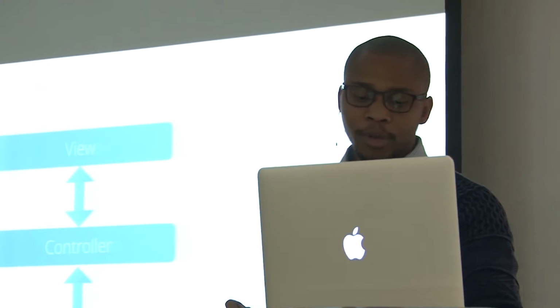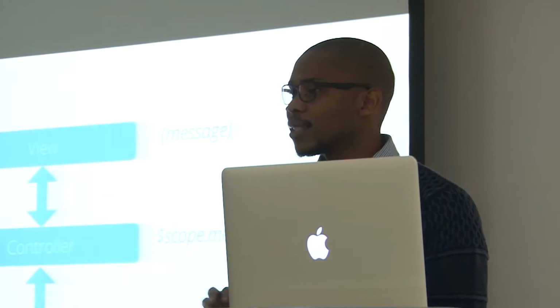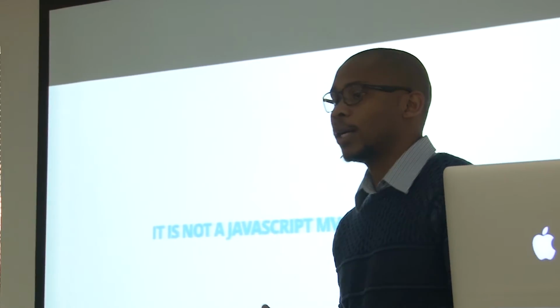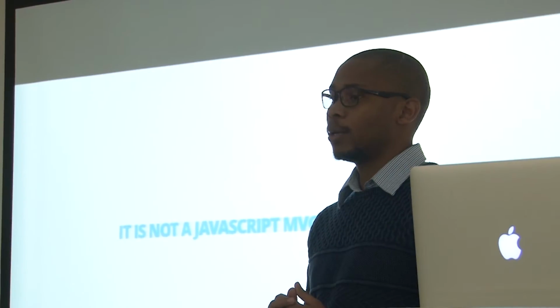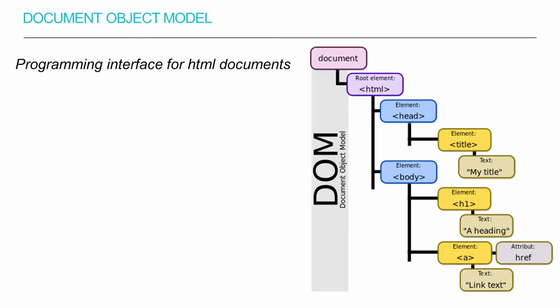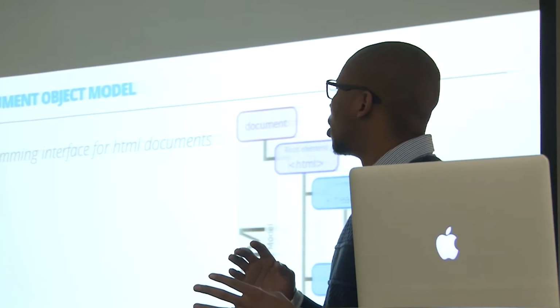I'm not sure how many of you have worked with Angular, but then you'd have something like that to keep your states in sync. But what I want us to understand is that React.js is not an MVC framework. It's not a JavaScript MVC framework. If anything, it's the V in MVC. It's just a view.